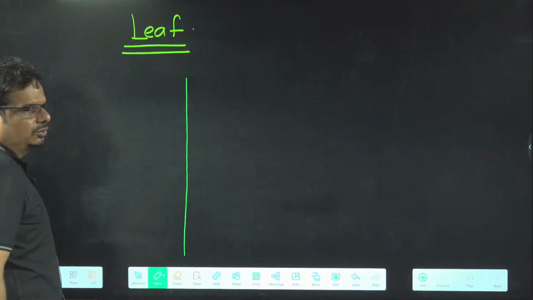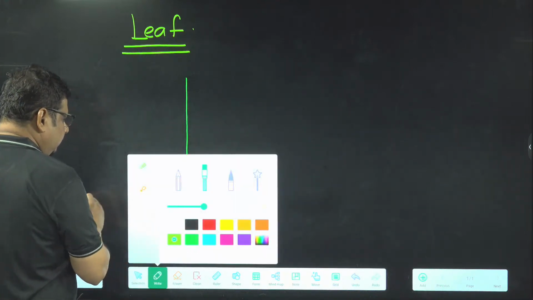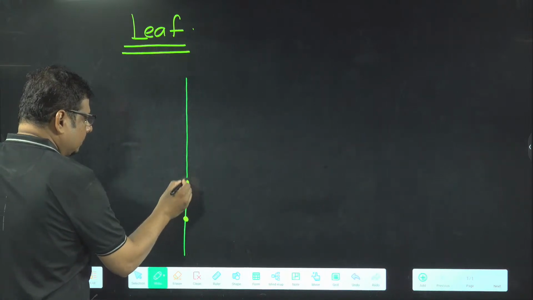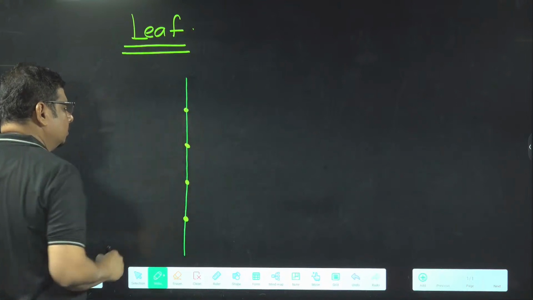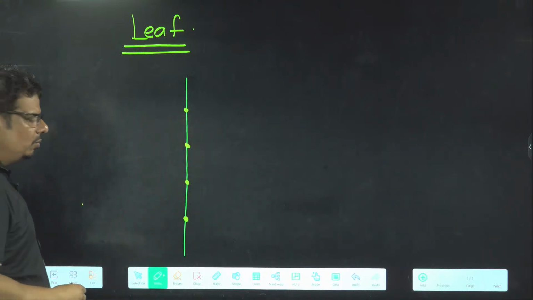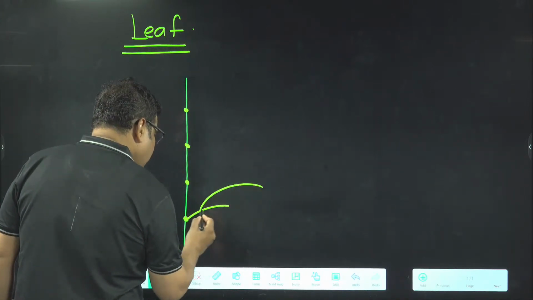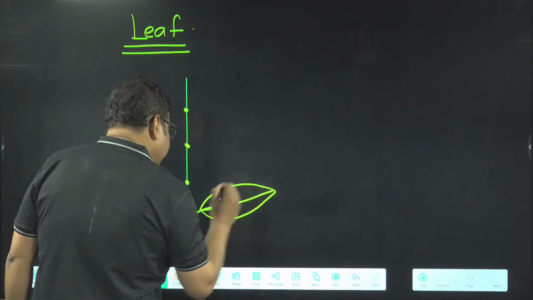Suppose that this is a stem and these are nodes. So what happened basically from the nodes of the stem or branches, leaves arise laterally.